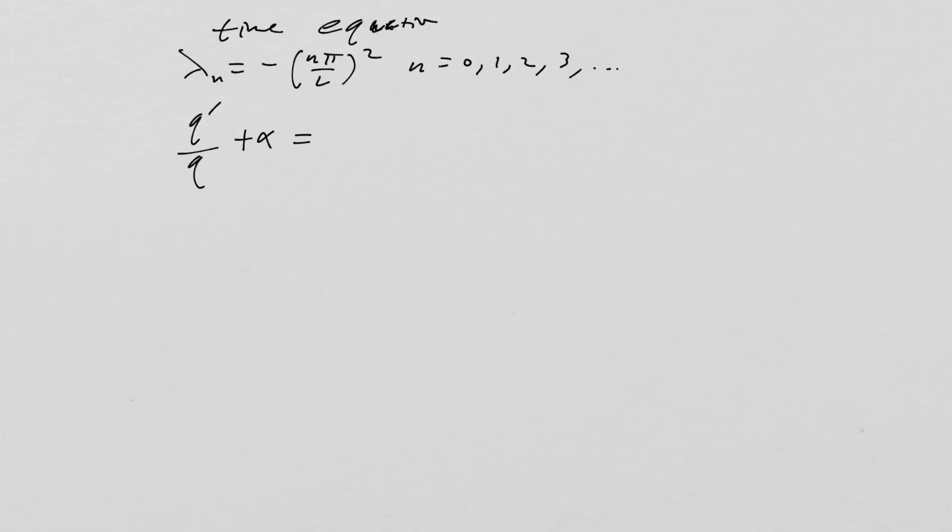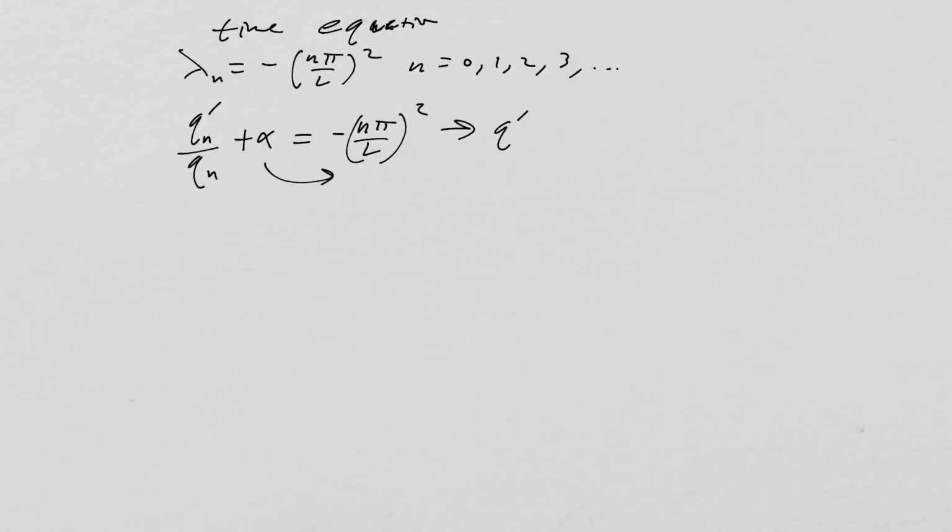So we have this now. Our lambda n's are negative n pi over L quantity squared, for n equals 0, 1, 2, 3, and so on and so forth. And now we have the time equation, which was q prime over q plus alpha is equal to lambda, so for lambda n equal to negative n pi over L quantity squared. All right, so from here, it's best to now move the alpha back over.